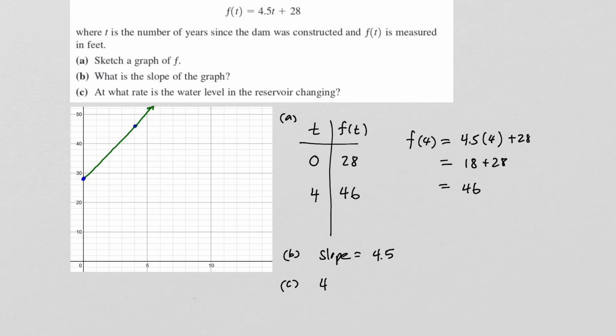So the rate of change is 4.5, and then we should give some units here. It says that the water level is measured in feet and time is measured in years. So this 4.5 is going to be given as feet per year. And what that means is that every year that goes by, the water level rises 4.5 feet.